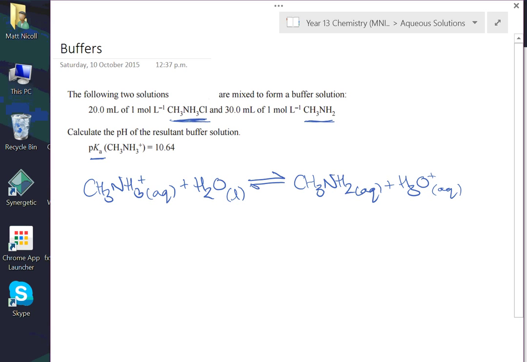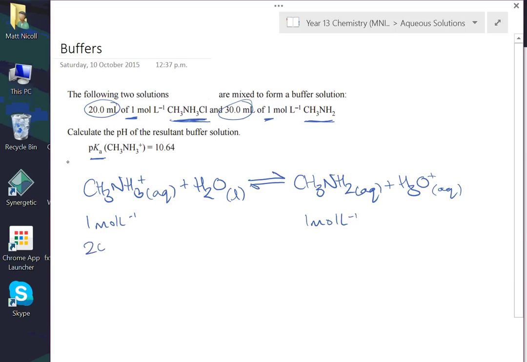Now, it says in the question that both of the things I start with are in quite high concentration, so that's good. That means that this is going to be probably a very effective buffer because they're starting at 1 mole per litre. However, because they're both solutions and they aren't the same volume being added, these concentrations are going to change, and they're also going to change relative to each other.